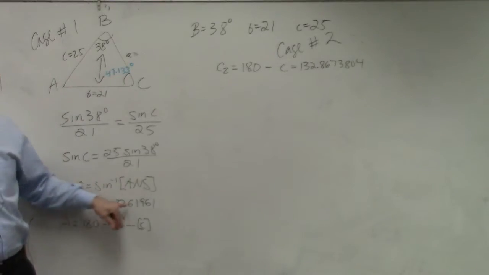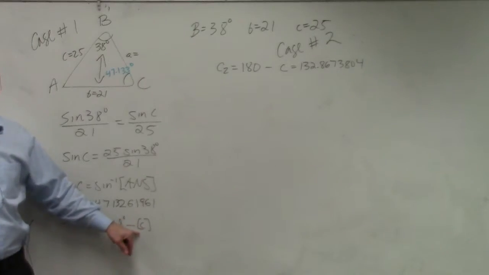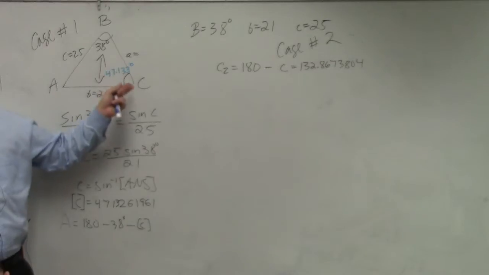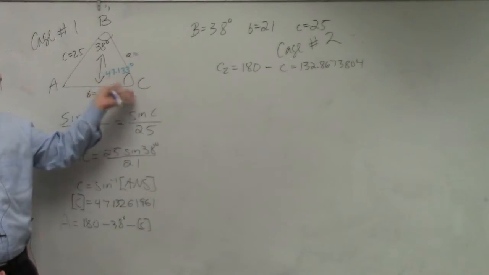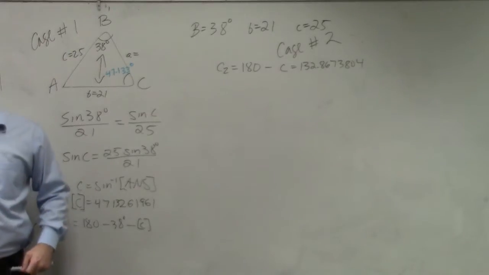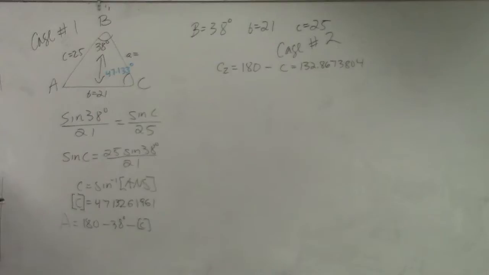Either type in the whole angle or store it into your calculator and use that value. Do not use this, which is my third most common mistake. Students will use the rounded answer, and they'll get a rounding error at the very end. They'll be off by a 1,000th or 100th of a decimal. So I'm just going to do 180 minus 38 minus alpha C.